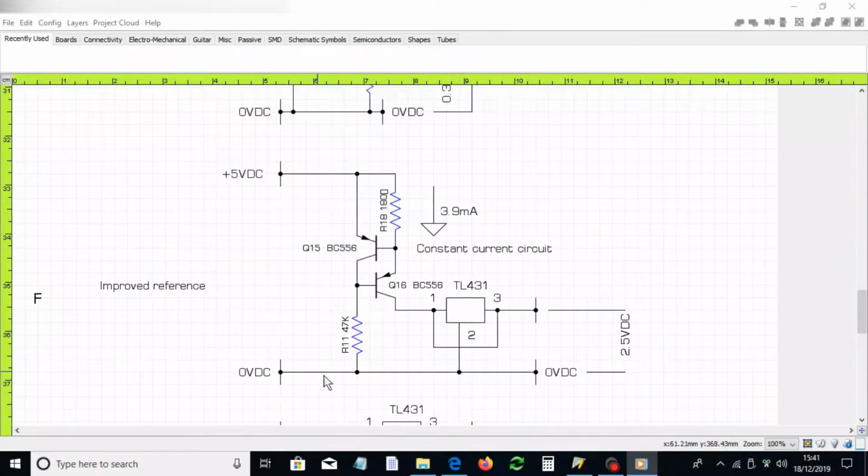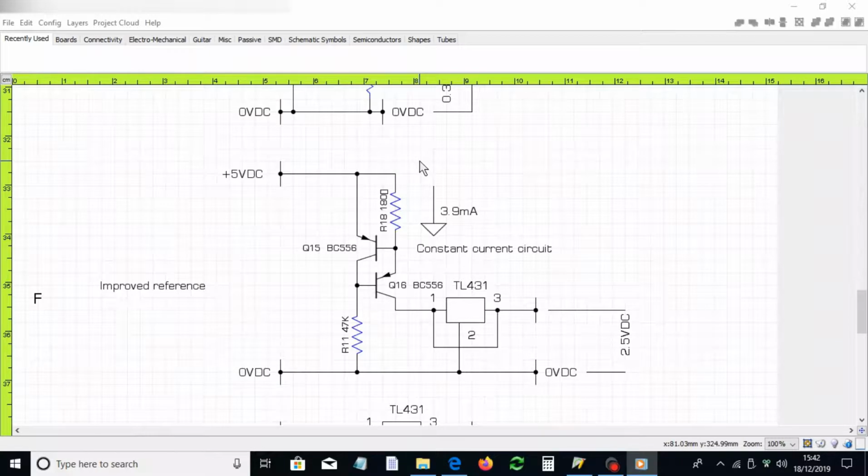What's happening in this constant current circuit of Q15, Q16 is that the VBE of Q15 is establishing 0.7 of a volt across the 180 ohm resistor, and that is translated by Q16 into a constant current feeding the TL431.